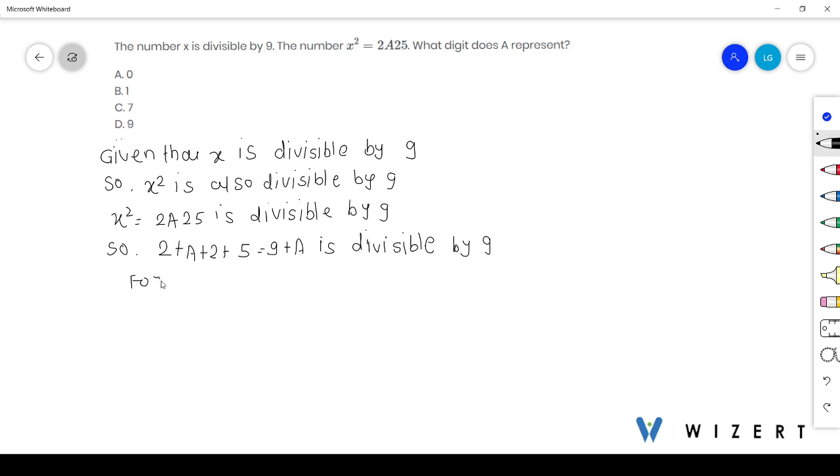So, for that, this 9 plus a will always be greater than or equal to 9.